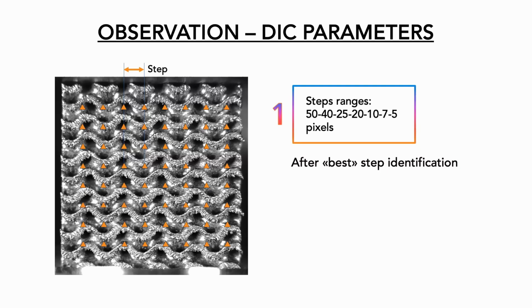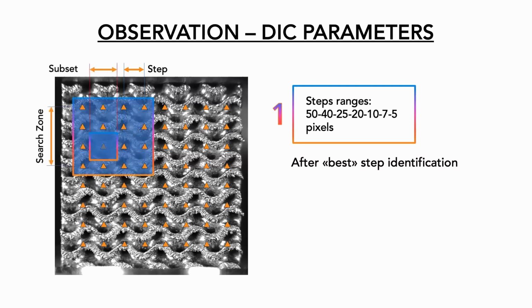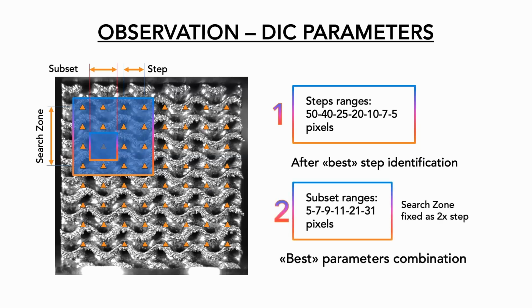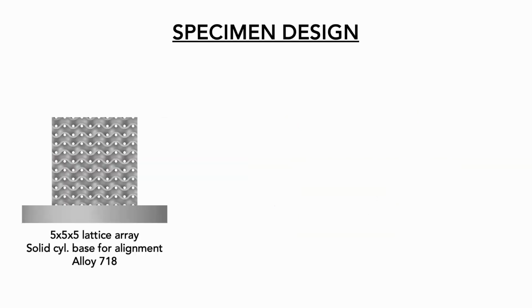The meaning of best will be shown shortly. And then this is a technicality about the DIC. We also made a study about the subset ranges for having the best possible combination of parameters for an intensive experimental campaign. So we have our specimen.